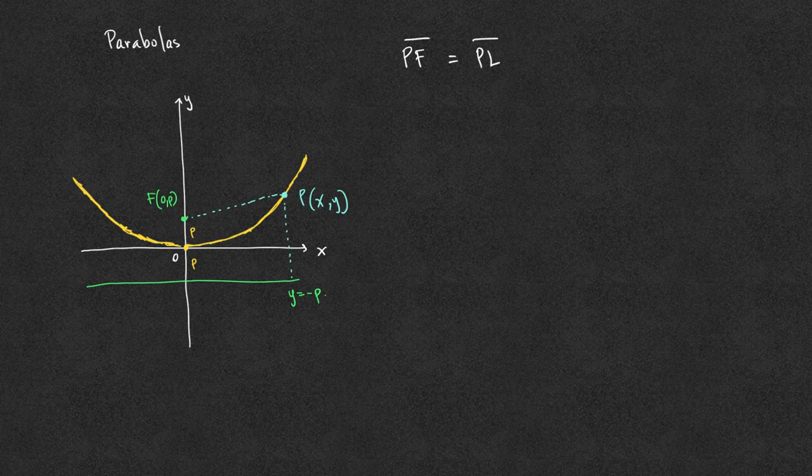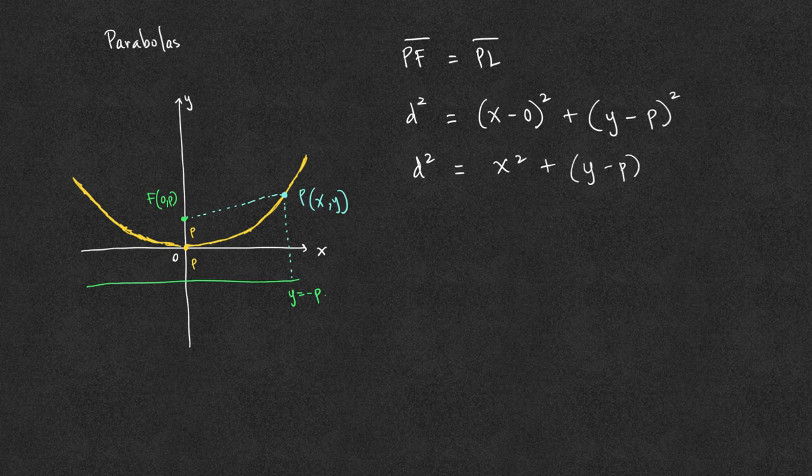The distance from P to F is computed using the distance formula. The distance squared is (x2 minus x1) squared plus (y2 minus y1) squared. And so the distance from P to F is x squared plus (y minus p) squared. This is the distance PF.